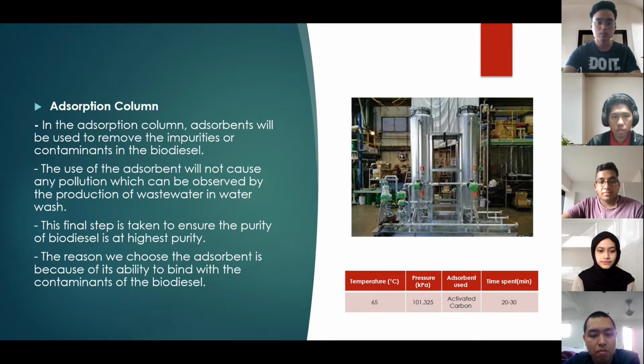In our adsorption column, we will be using activated carbon, which has a huge porous volume and also a huge surface area, which allows more contaminants to be adsorbed in the adsorbent. The operating condition will be 65 degrees Celsius and 1 atm, and the time spent in the adsorption column will be about 20 to 30 minutes.